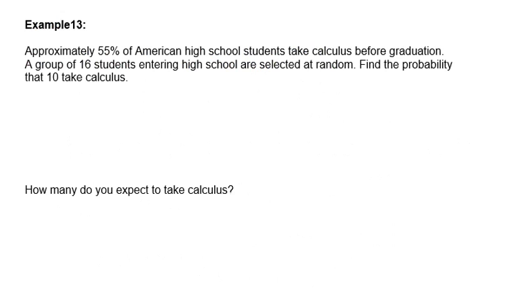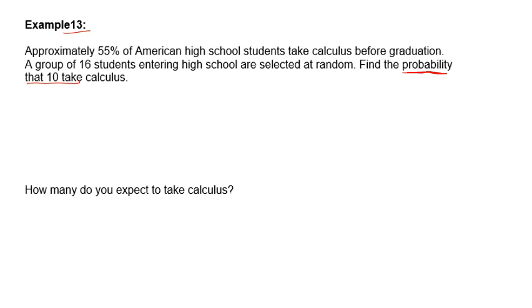Okay, next example. Again, this is example 13. You read it. We're going to get started here. Stop the video. Okay, if you look at this particular problem here, they want us to find the probability that 10 take calculus.